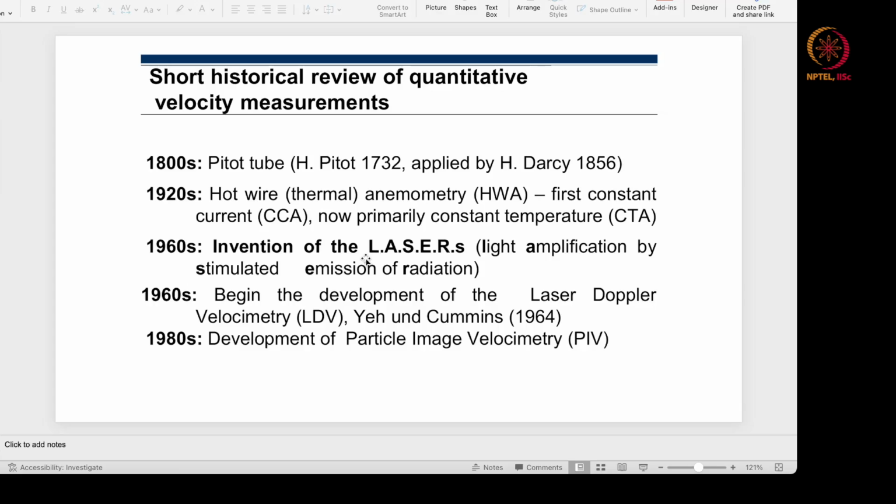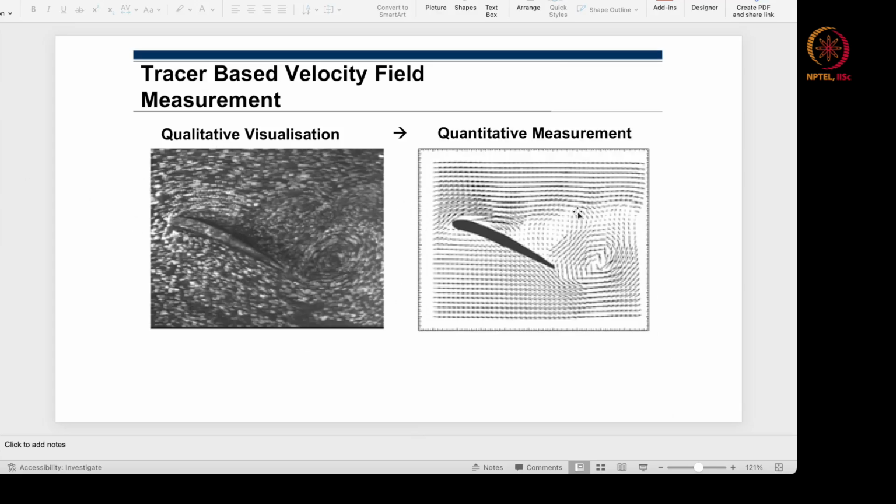So this led to the development of laser Doppler velocimetry in the 1960s, Yeh and Cummins in 1964, and in the 1980s, the more field-based measurement, which is particle image velocimetry, came into the picture. Remember, laser Doppler velocimetry is still a point-based or a small volume-based measurement. Particle image velocimetry is more of a field measurement, the kind of field that you see over here. This is like a particle image velocimetry.